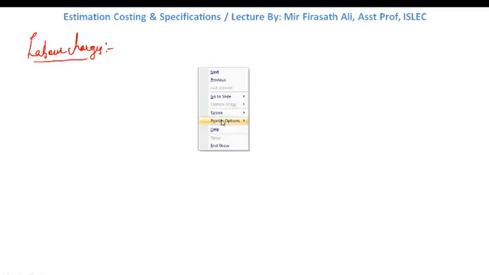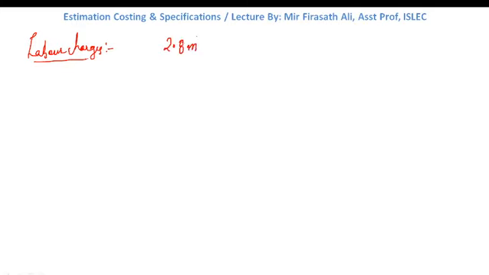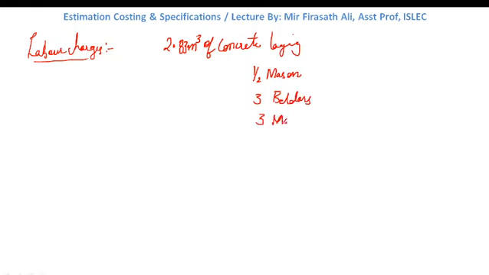According to thumb rule, for 2.83 meter cube of concrete laying, we require half mason, 3 beldars, 3 mazdoors, and 1.5 bisti.